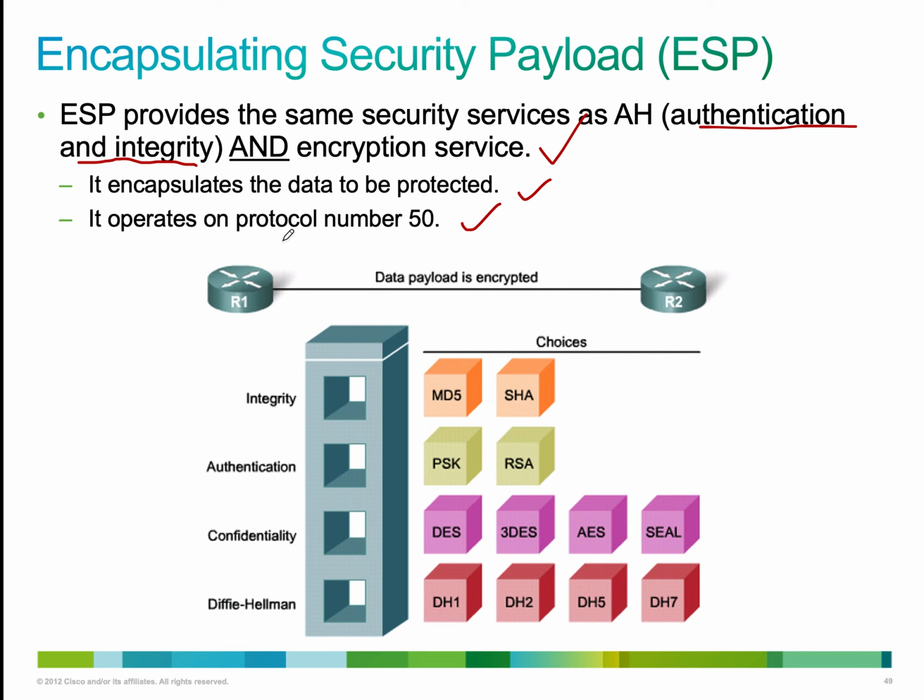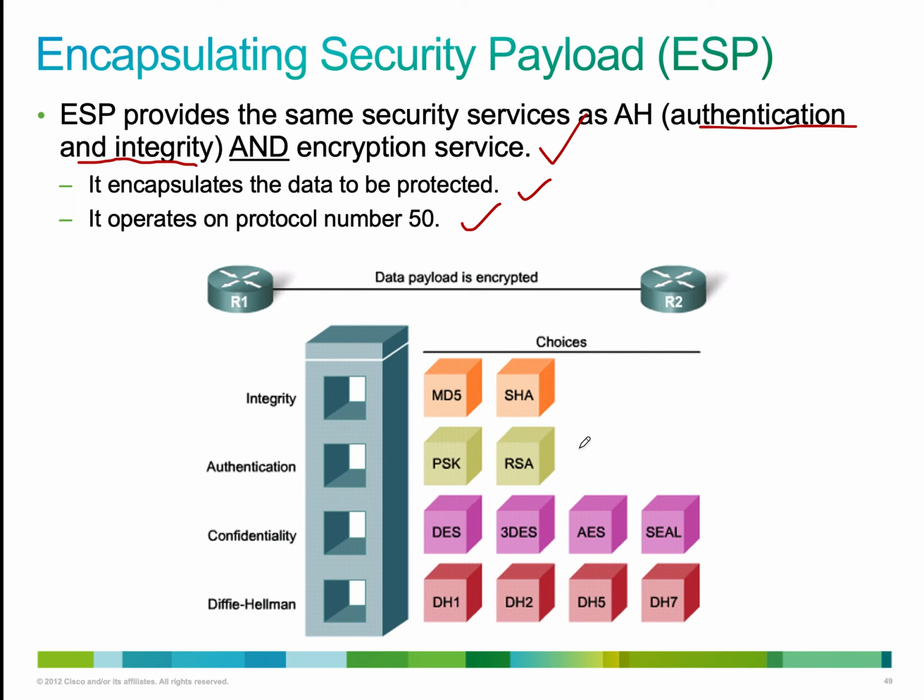It provides the same as AH, authentication and integrity, and the additional feature that AH does not have is the encryption service. The ESP provides encryption alongside authentication and integrity. So it can encapsulate the data to be protected, and it operates on protocol number 50. We established that already. Okay?